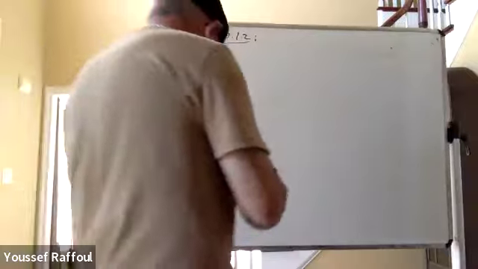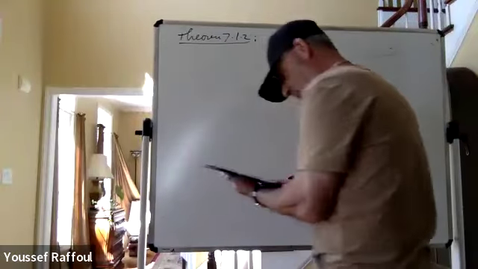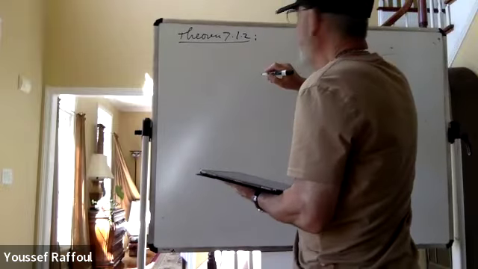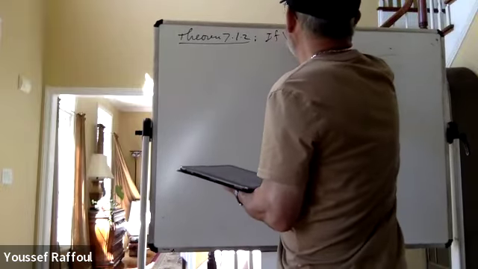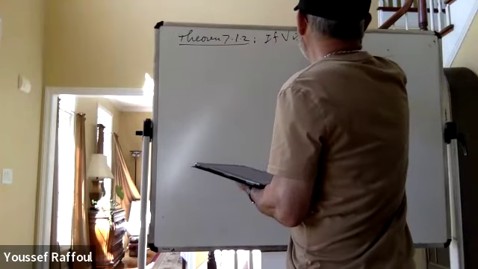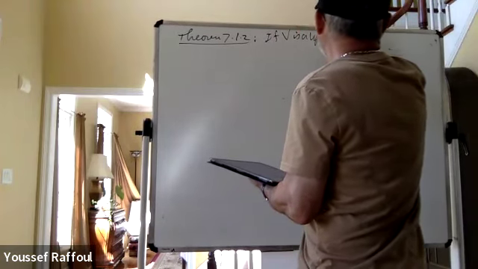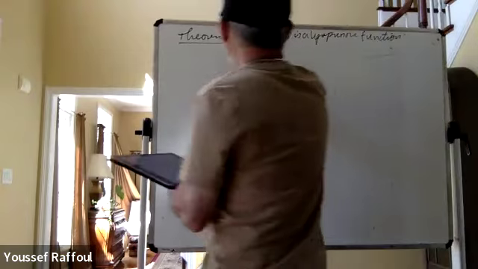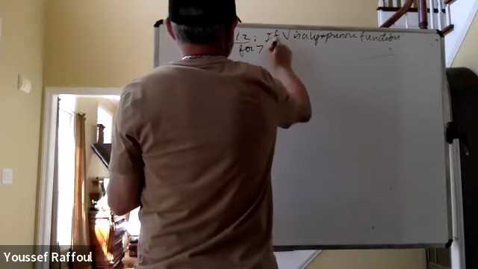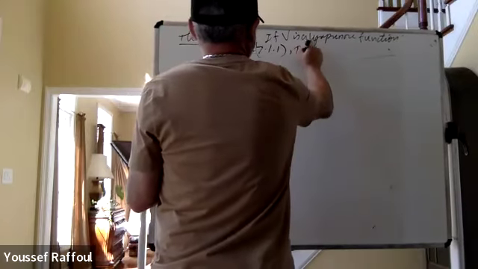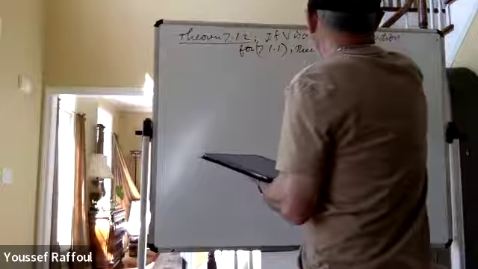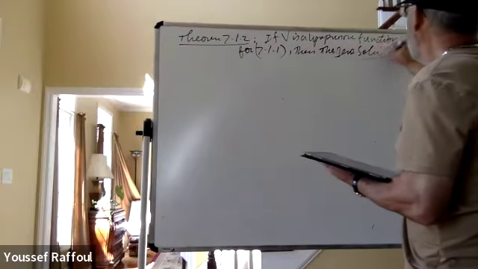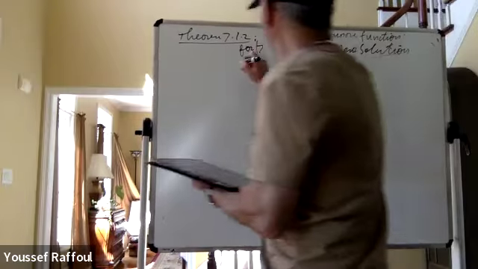Basically, if V is a Lyapunov function for 7.1, then the zero solution is stable.